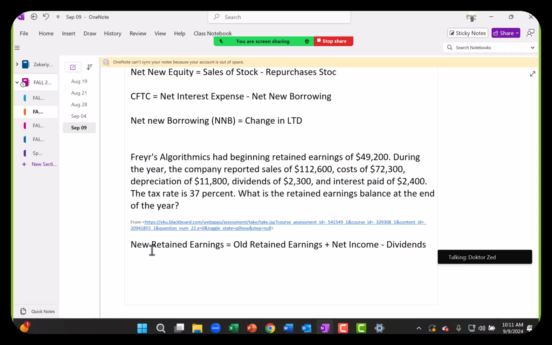Well, we're already given the old retained earnings and dividends. All we have to figure out is net income, right? That's our definition of net income.